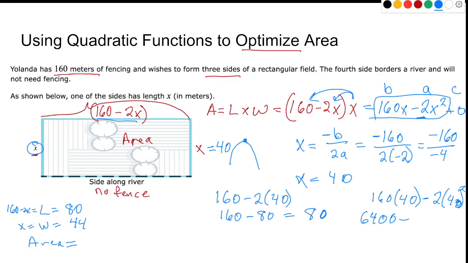So we get 1600 for 40 squared, and 2 times that is going to be 3200. So 6,400 minus 3,200, the area that we're going to be able to contain there is 3,200.